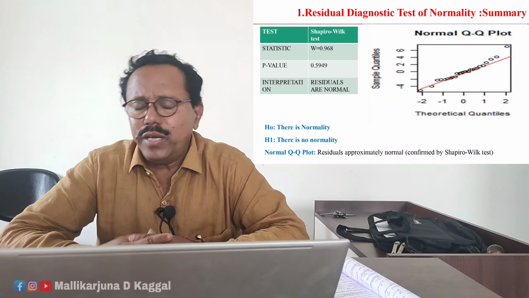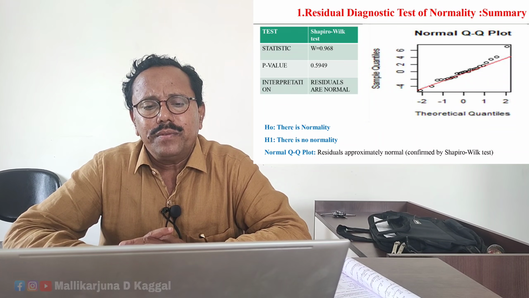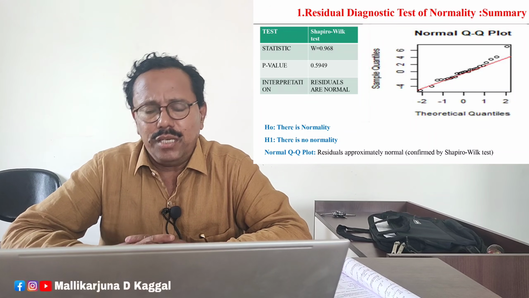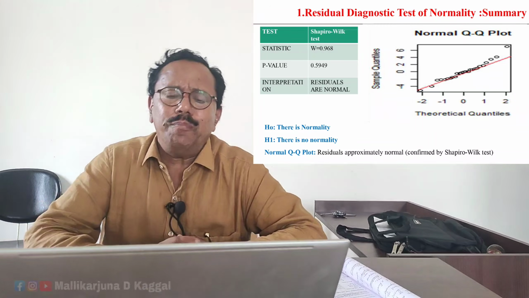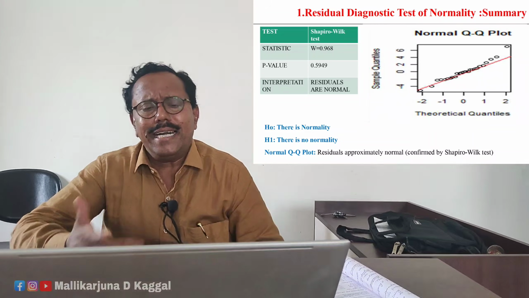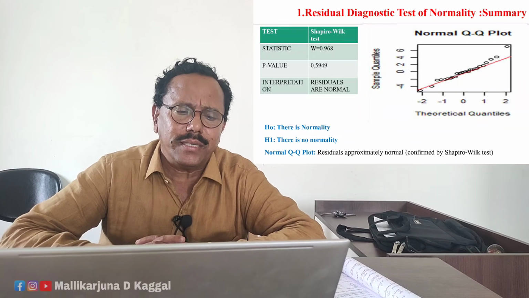But otherwise, if you use EViews, it adopts the Jarque-Bera test. If you go for Python and R, they adopt the Shapiro test. Like that, each software adopts a particular test. But all give almost the same answer.